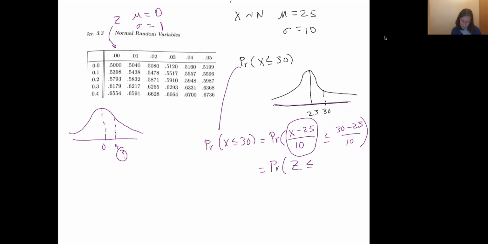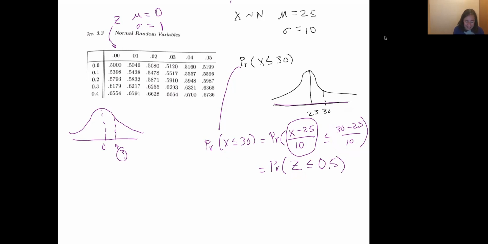What number is it? 30 minus 25 is 5, divided by 10. It is the probability that Z is less than 0.5. And that, because it's a question about Z, we can look up in the table.